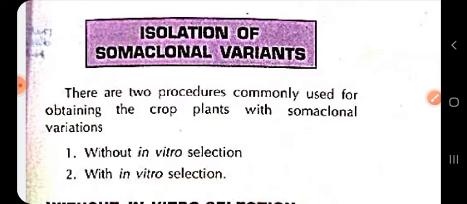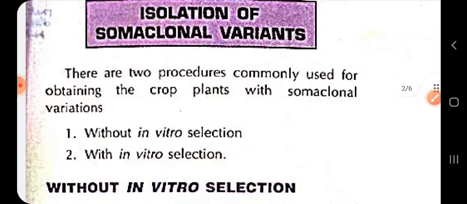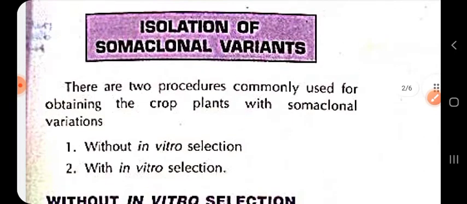Taking the non-meristemic explants, maybe due to mutation we may get some beneficial expression of the genes that are helpful in the agriculture aspect. We will also discuss the applications of somaclonal variation later on.